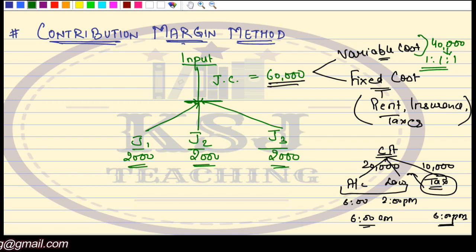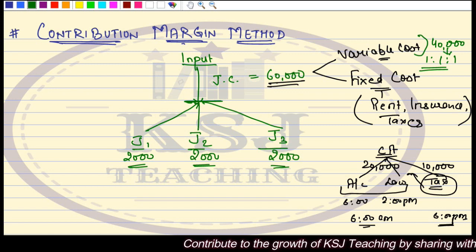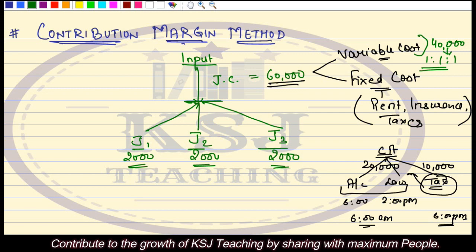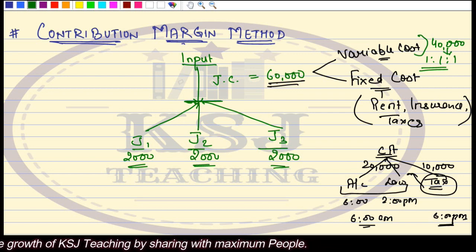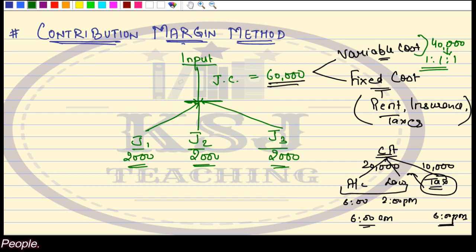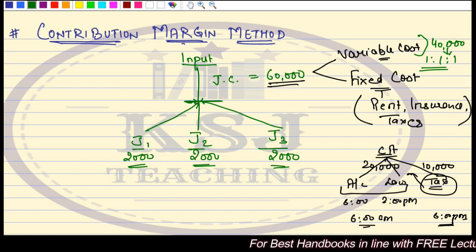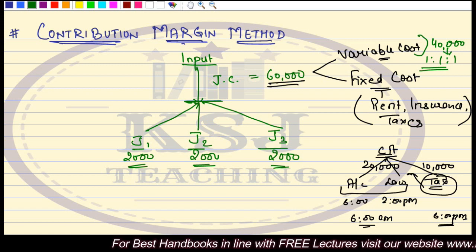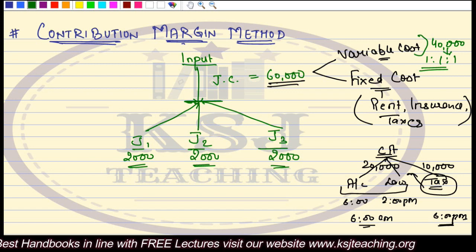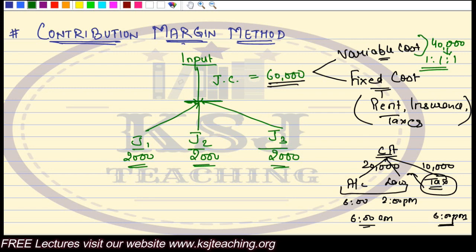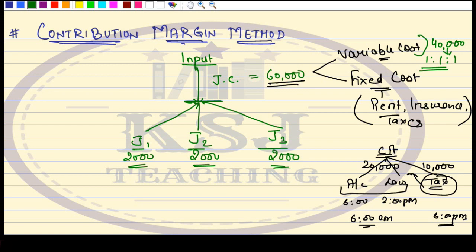We'll try to understand it in very simple language, and we'll do practical problems on that, on both a joint product and how to treat a byproduct along with the main product. Then how to distribute the joint cost using the reverse cost method.